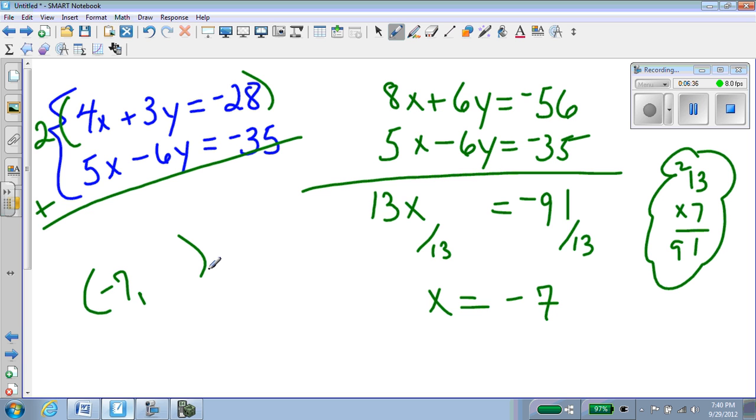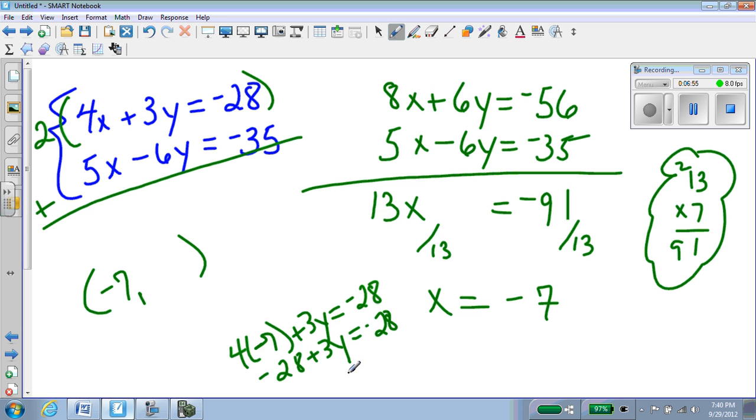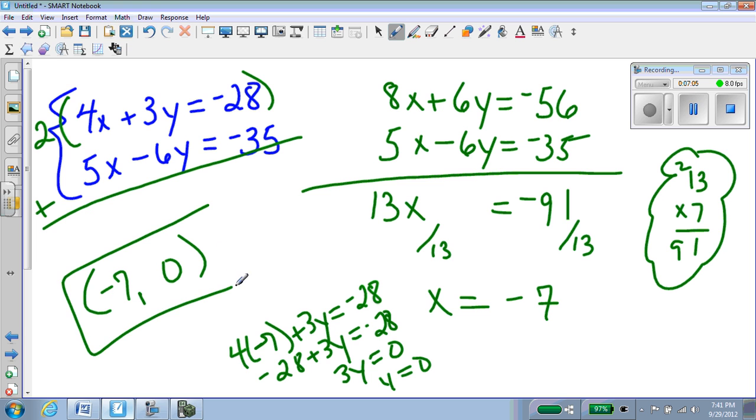Where would I like to go? X is -7. I'm going to go into the first one. So 4 times -7 plus 3y equals -28. So -28 plus 3y equals -28. So add 28 to both sides. So 3y equals 0. Divide by 3, y equals 0. So there's my solution.